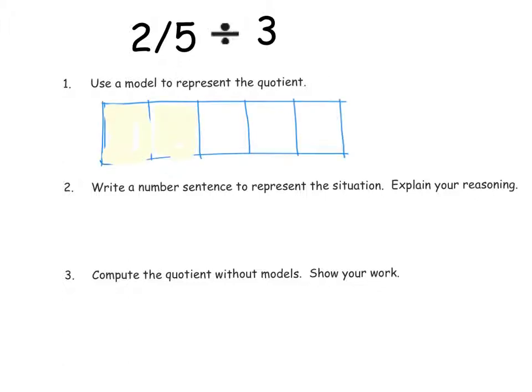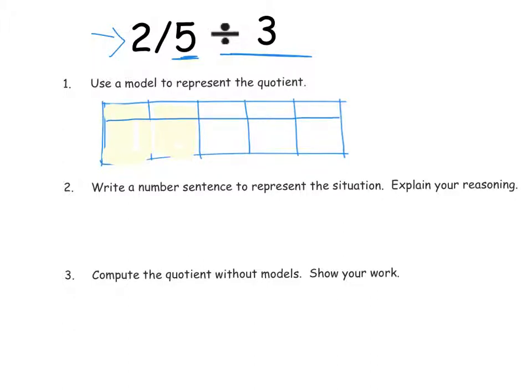Okay, so this is what I have so far. I knew that I needed to start with fifths. So I have my area model, and the reason I'm using an area model again is because that is more than one. So I have fifths, and then I need to divide it into 3. So I need this divided into 3 different parts.